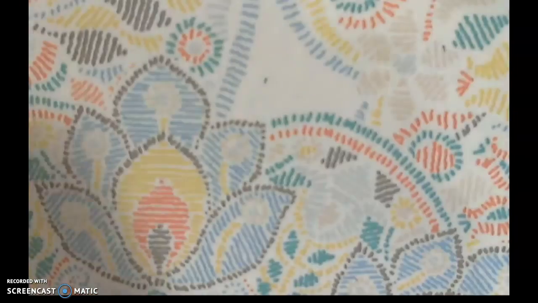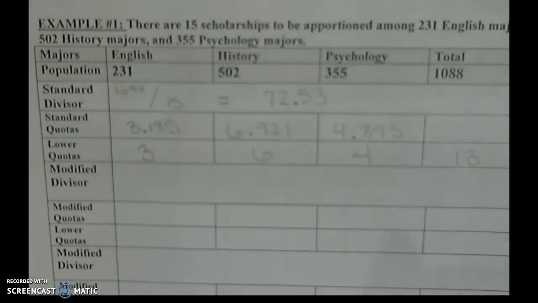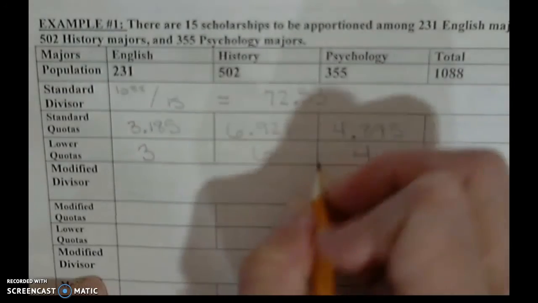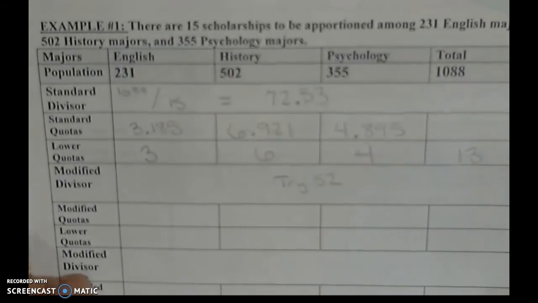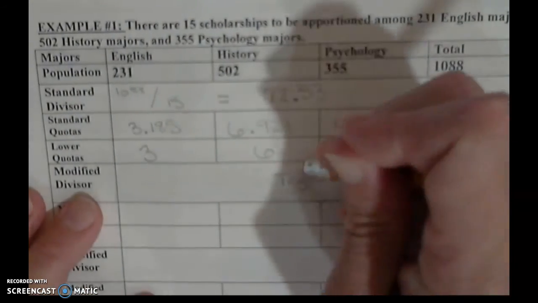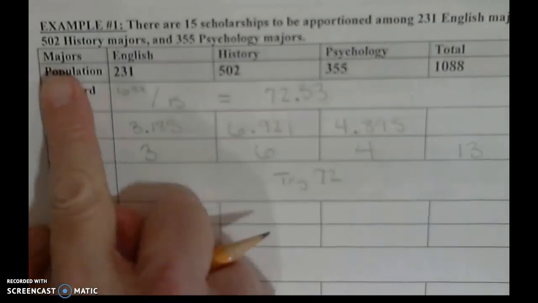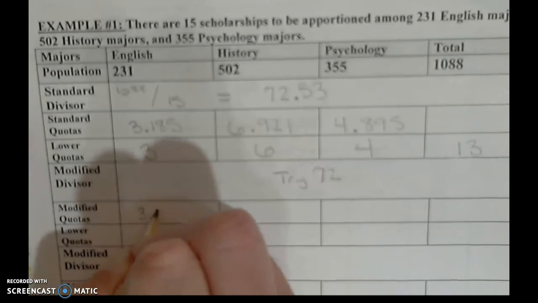So what we're going to do now is just pick some numbers. My divisor was 72.53, so let's just try 72. We're going to do the process again. 231 divided by 72 is 3.208.